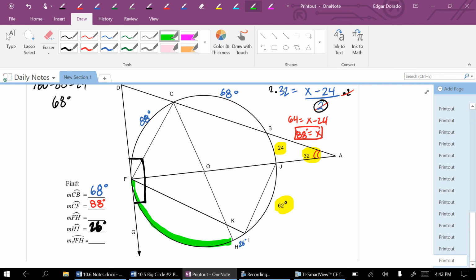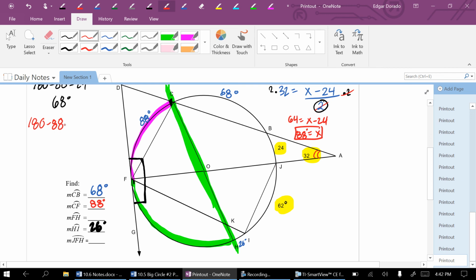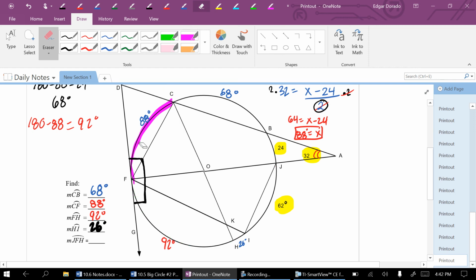I already know that this is still a diameter. The only other piece of arc there is this arc that I already know, which is 88. So all I have to do is 180 minus 88, and that's going to give me the arc measure, which in this case is going to be 92 degrees. Okay. 92 degrees, and now I have officially found all of the missing arcs, which again, guys, I promise is going to make things so much easier.